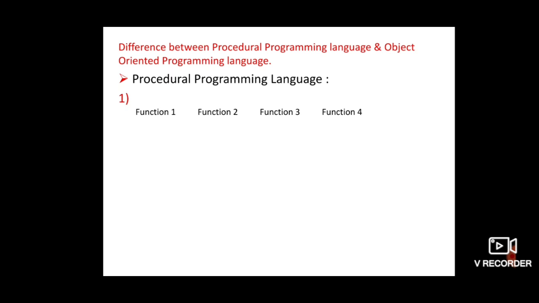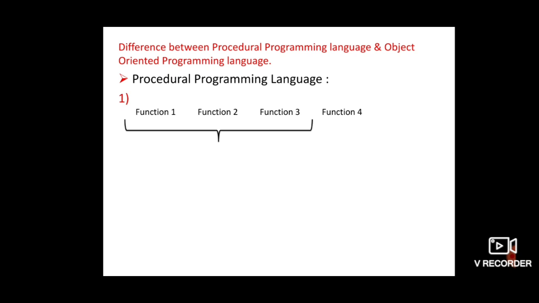Suppose I have written a program in which there are 4 functions: function 1, function 2, function 3 and function 4. Now suppose the first 3 functions, function 1, function 2 and function 3, want to use one common variable, say int num.